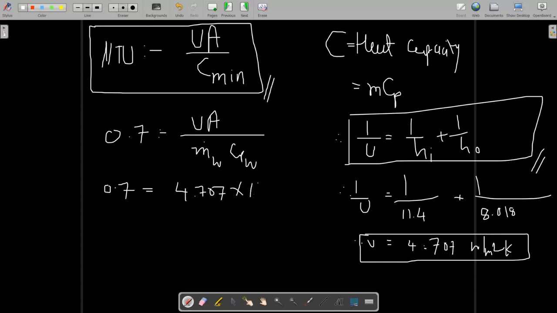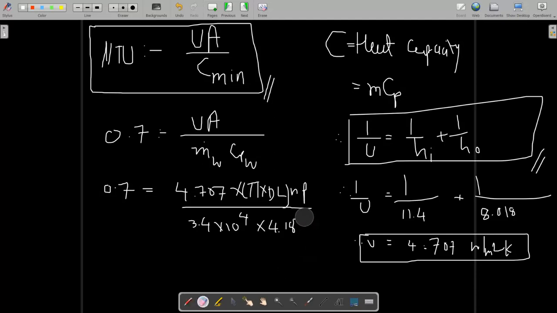into A, that means pi d L into number of tubes and number of passes. Okay, as I explained why I'm taking N into P. Mass of water is 3.4 into 10 raised to 4 kg, and specific heat is 4.18, okay, only not 4.187.